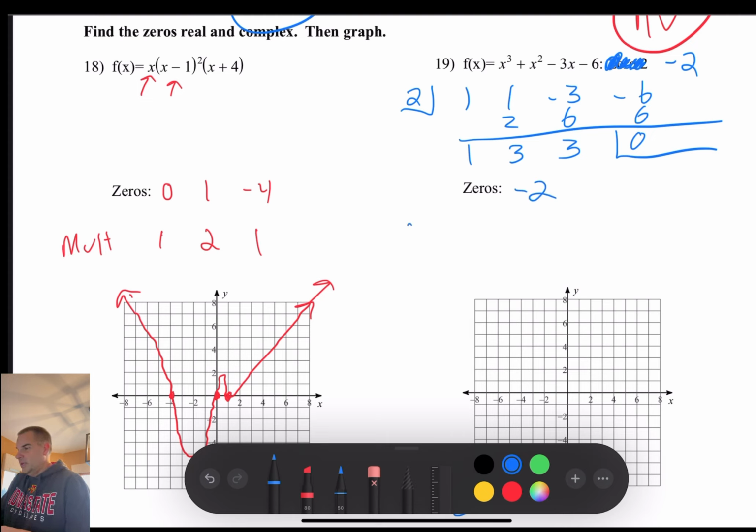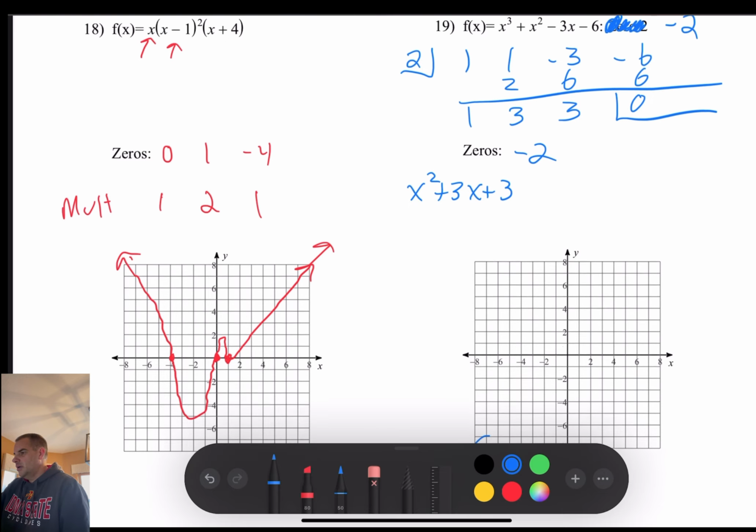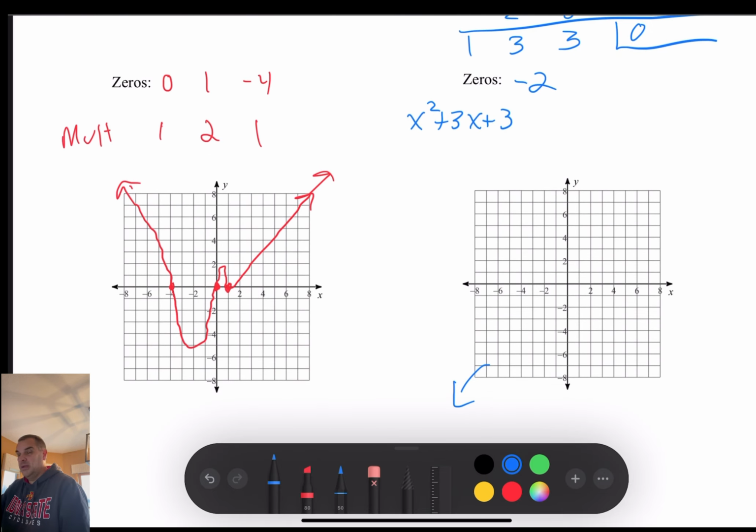Now I'm left with x squared plus 3x plus 3. Now I have to find the rest of the zeros for that, and I'll make sure it works. So we've got to use the quadratic formula to do that.